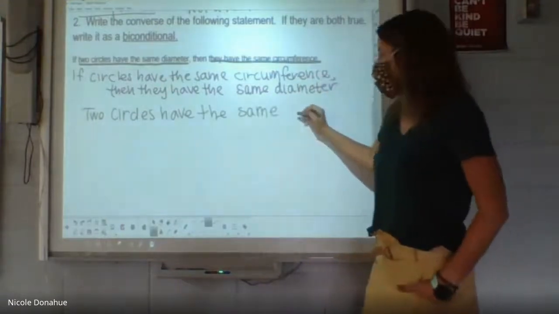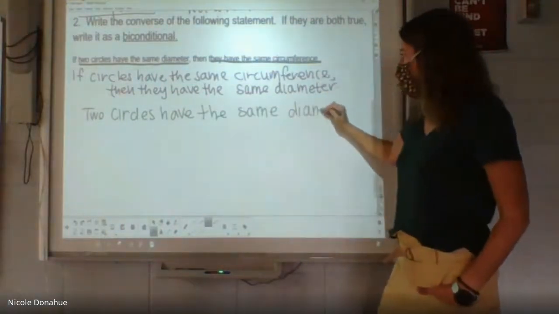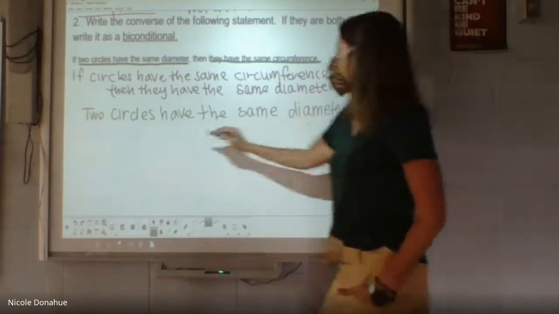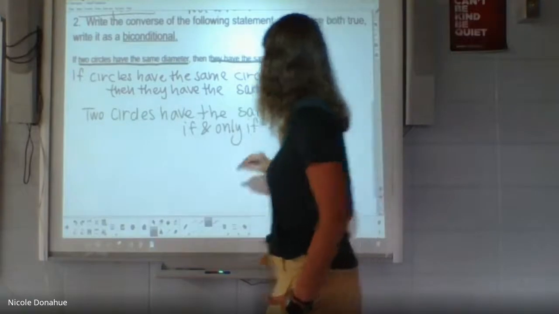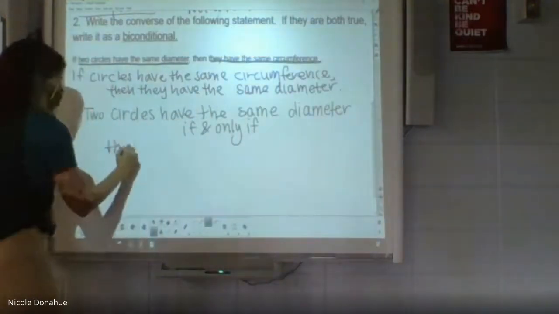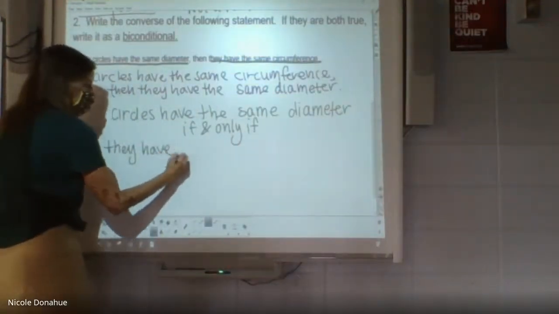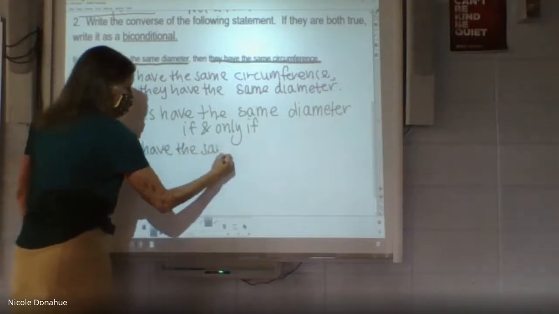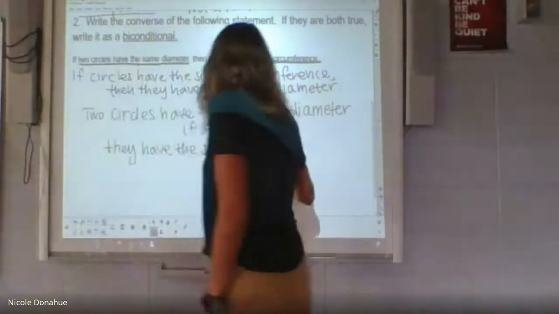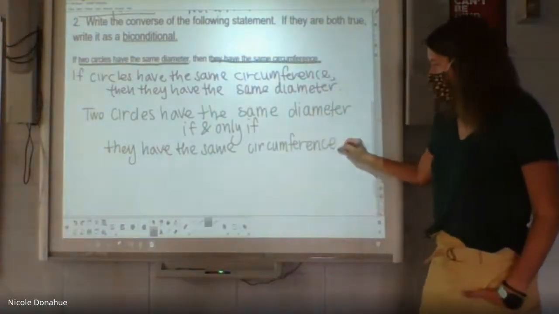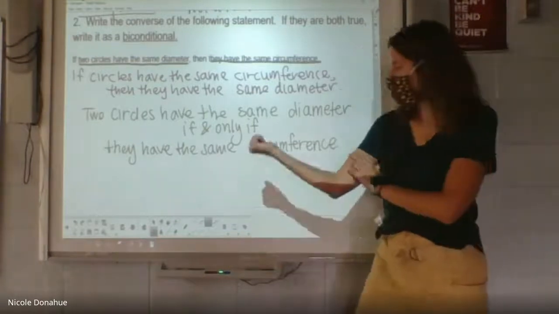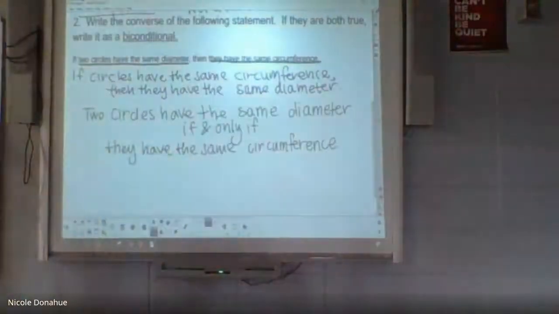So this is the biconditional. So we rewrite that statement, and now it's called a biconditional statement. There's not an if-then, it's just in the middle we write if and only if.